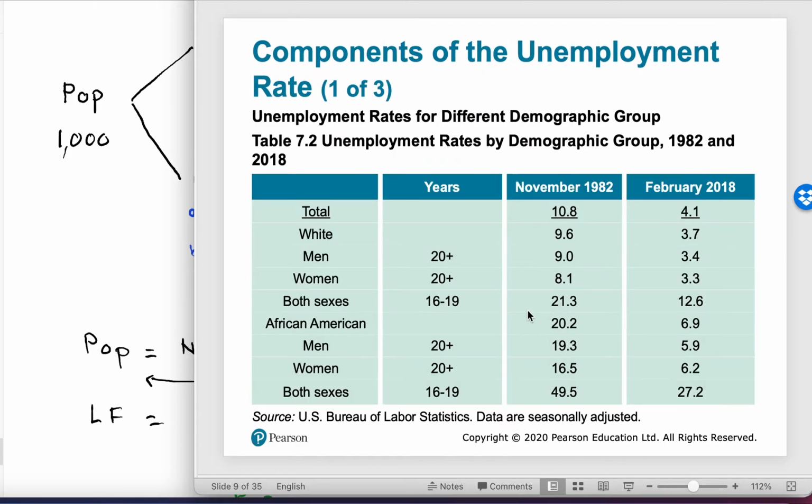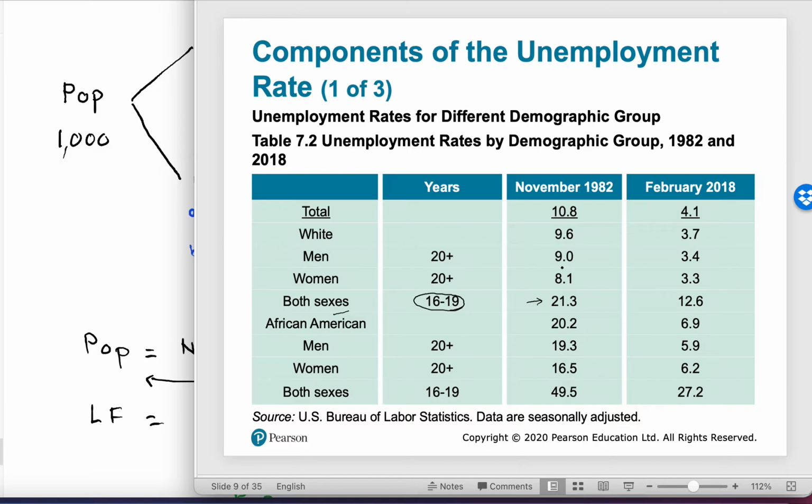We can have a breakdown of unemployment rate, usually among the young people. Age 16 to 19, just fresh graduates from high school before going to college, the unemployment rate is very high, 21%.